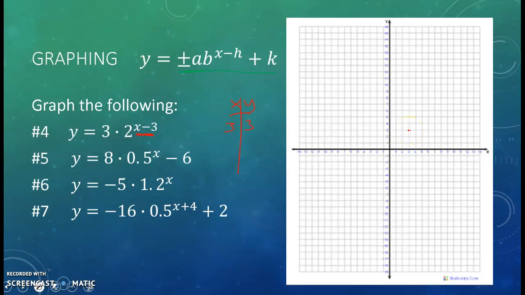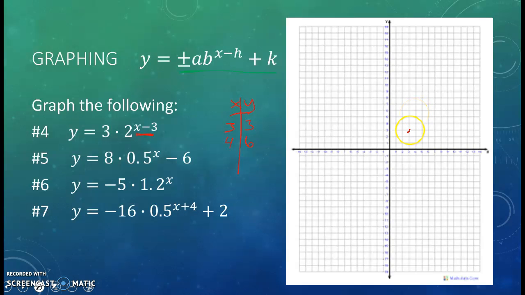And then I can plug in other points, like let's say we plug in 4. 4 minus 3 is 1, which is 2 to the first, so 3 times 2 is 6. Then I'm going to have a point at the point 4, 6, which is up here.